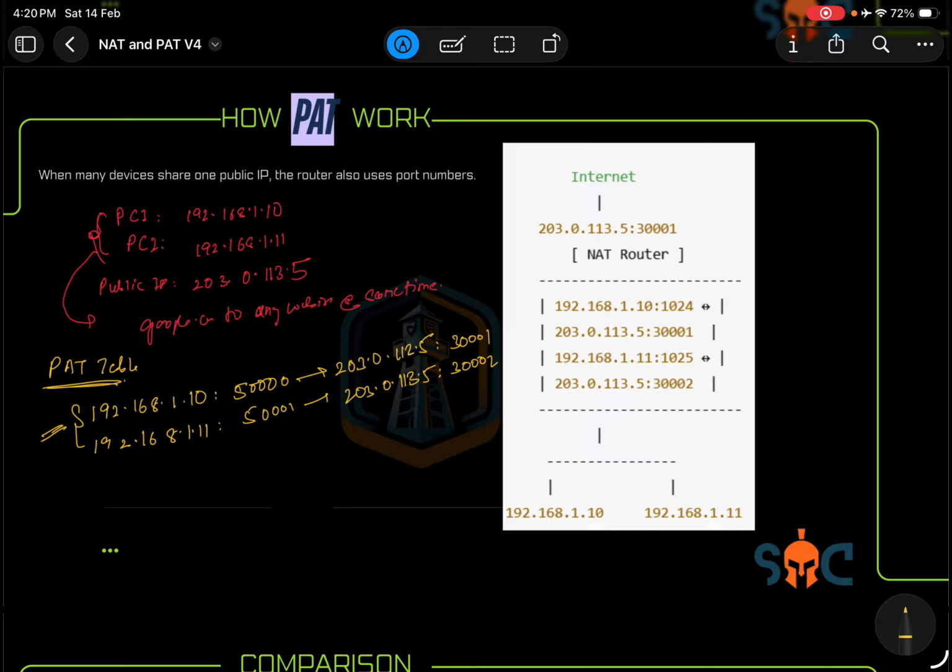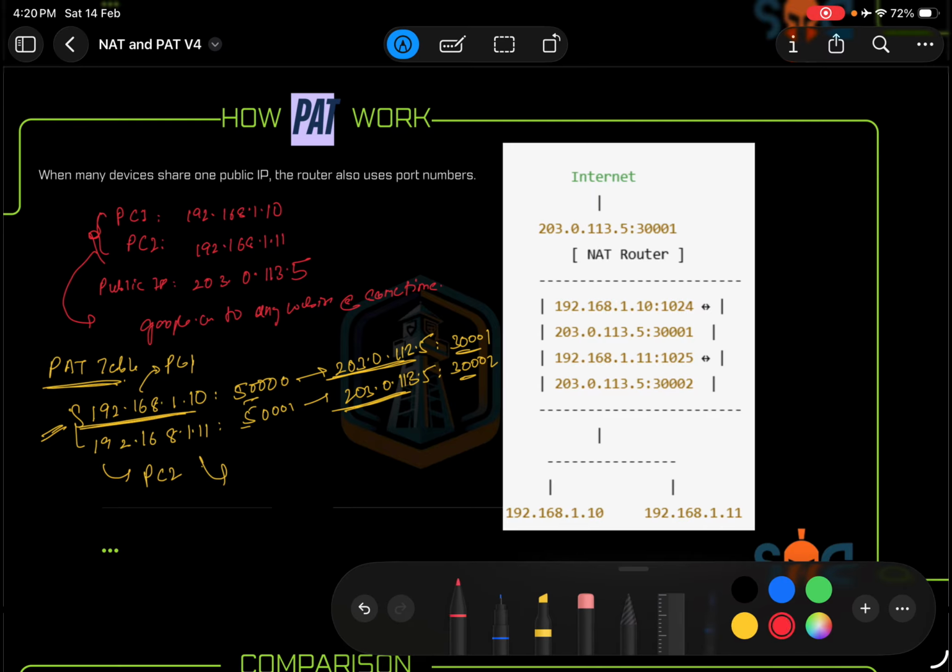If you see, this is the private IP address of PC1 and this is the private IP address of PC2. They both have different port numbers, but after PAT, these two are assigned the same public IP but with a different port number.